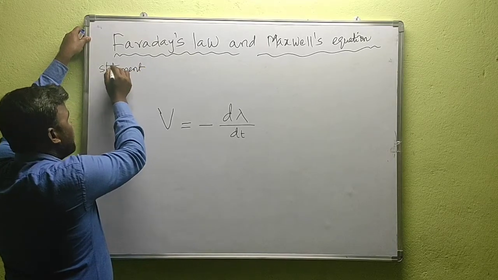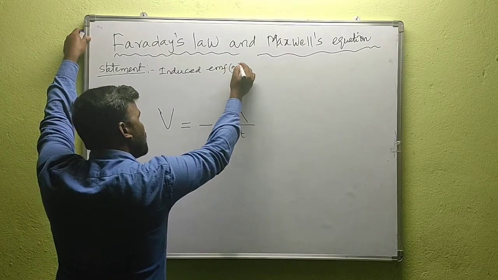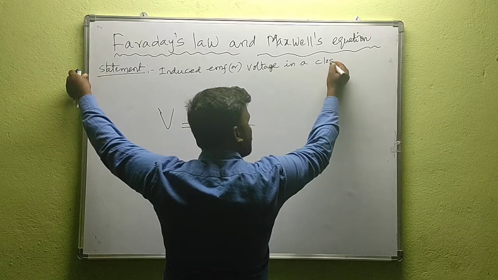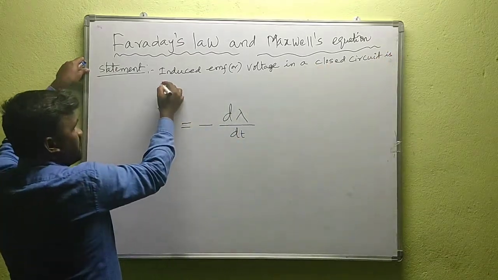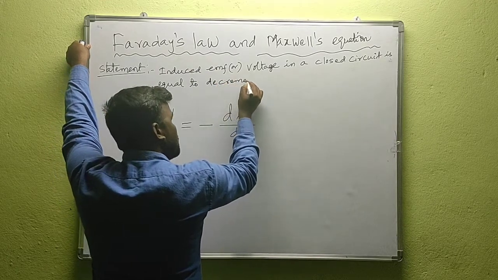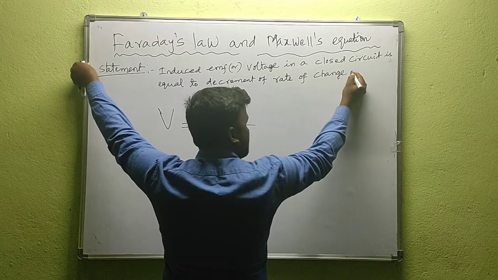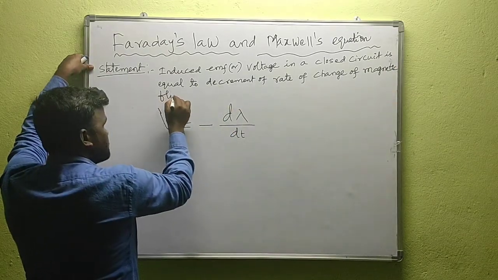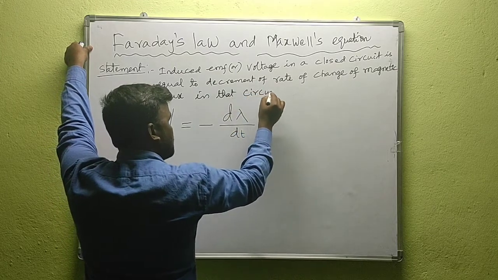We can write the statement of Faraday's law like this: induced EMF or voltage in a closed circuit is equal to decrement of rate of change of magnetic flux linkage in that circuit or coil.